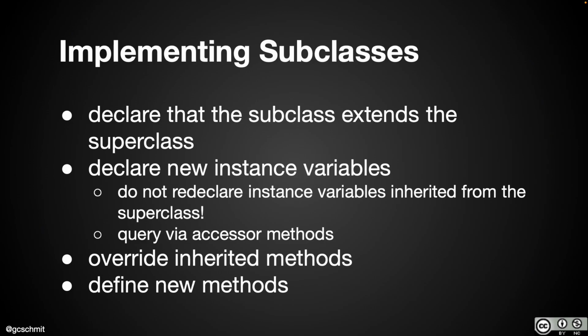We have the option to declare new instance variables, but we will not redeclare the ones we inherit. We don't need to. We just get them automatically. They're still private, so we still need to use mutator and accessor methods. We can't reference them directly, but we won't redeclare them. We might override some inherited methods to change their behavior, and we're going to look at that in a second. And we might define brand new methods too for new behaviors.